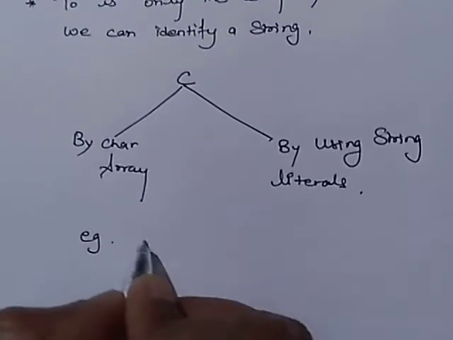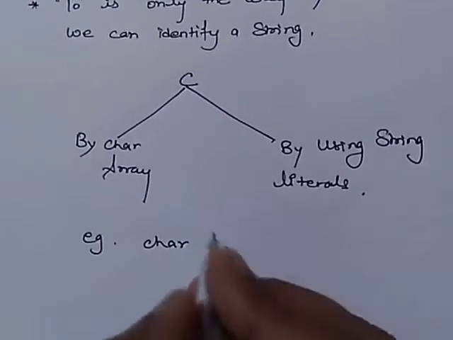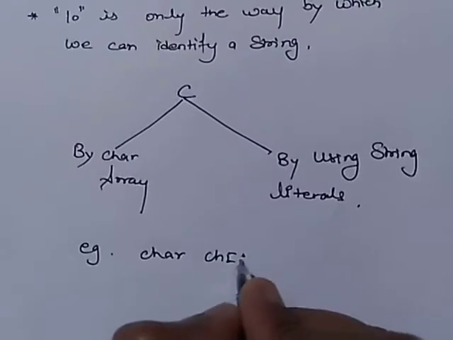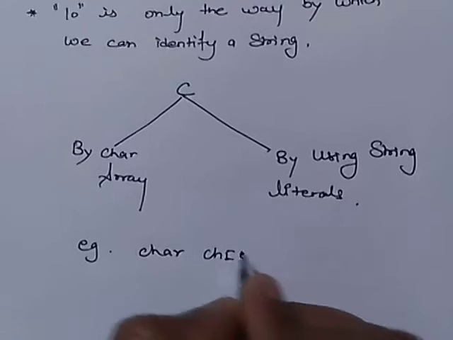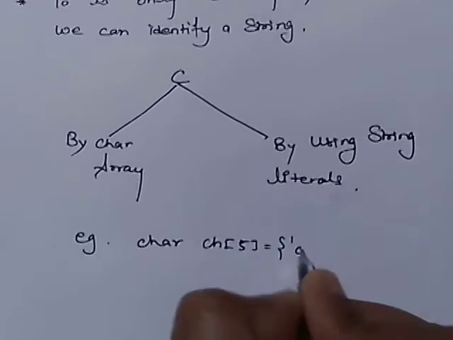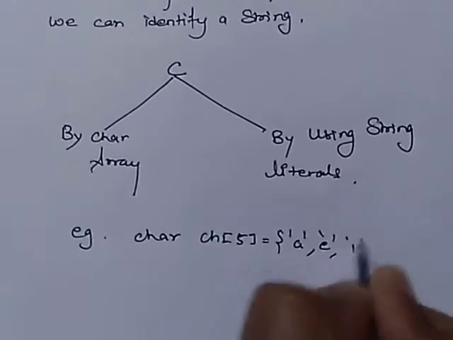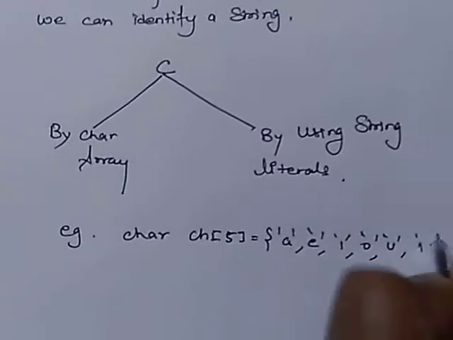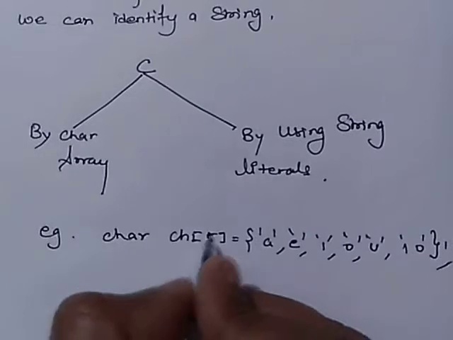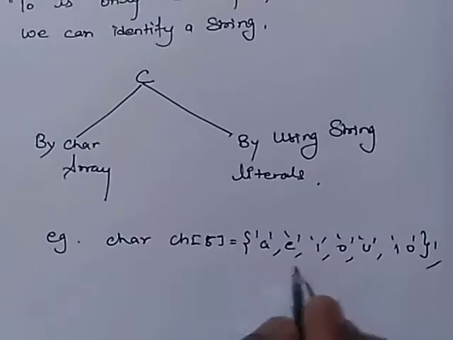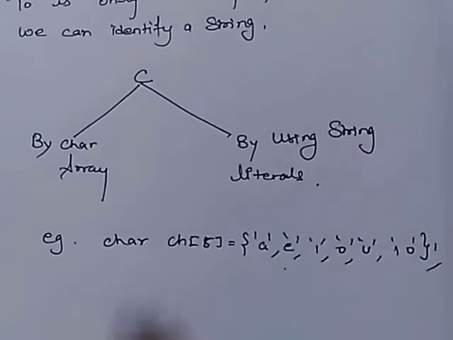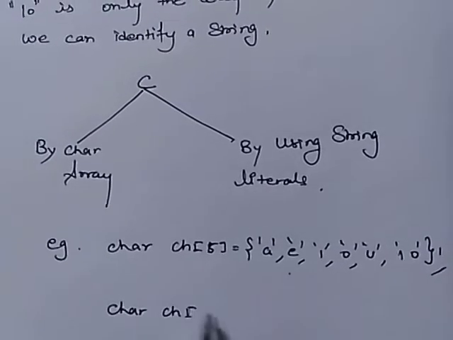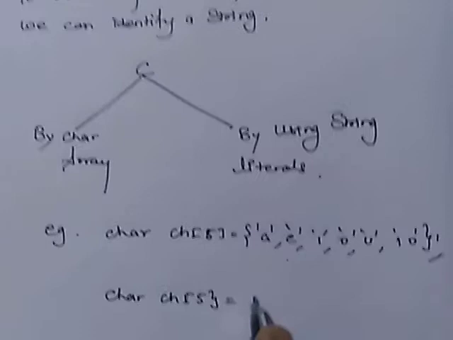For example, we have taken a character array of 5 letters, that is A, E, I, O, U, and in this the null character will be the last character. This is a character array.